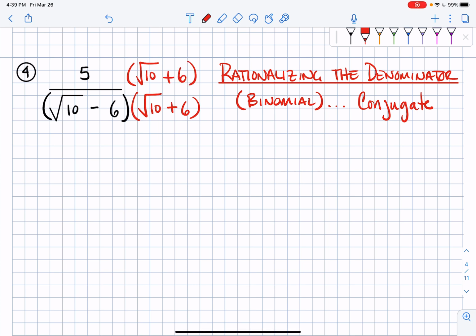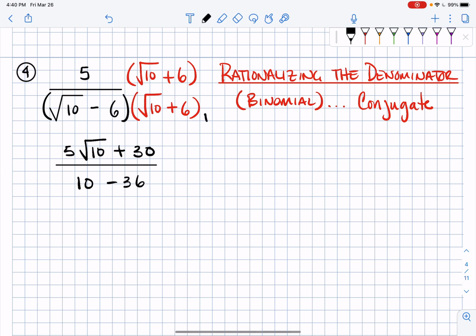Okay, so yes, I will have to distribute the top and FOIL, or actually FL the bottom. So what I'm going to get on the top is going to be a 5 square root of 10 plus 30. Okay, that's distributing the top. And then the bottom is going to be just a 10 minus 36.